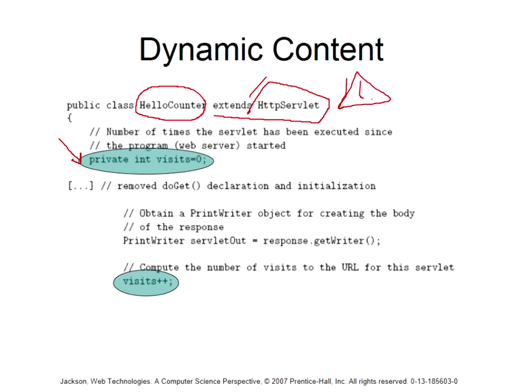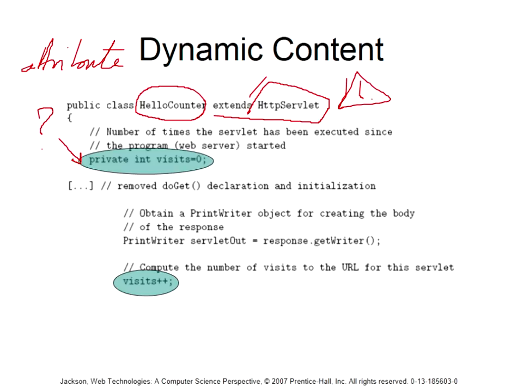After that, we have private int visits equals 0. What's this? Private int visits equals 0. It is an attribute. In the Java jargon, we say that it is an attribute of the class HelloCounter.